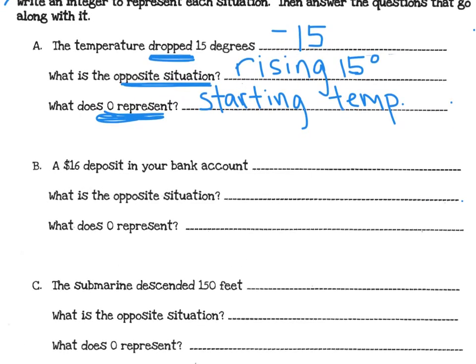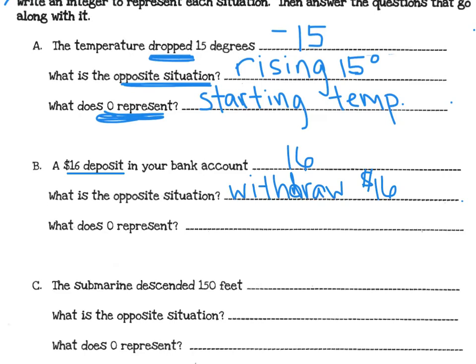Part B, a $16 deposit in your bank account. So deposit means you're putting money into your account. So that's going to be a positive 16 for the integer. The opposite situation would be to withdraw $16, meaning we're taking $16 out of the account.